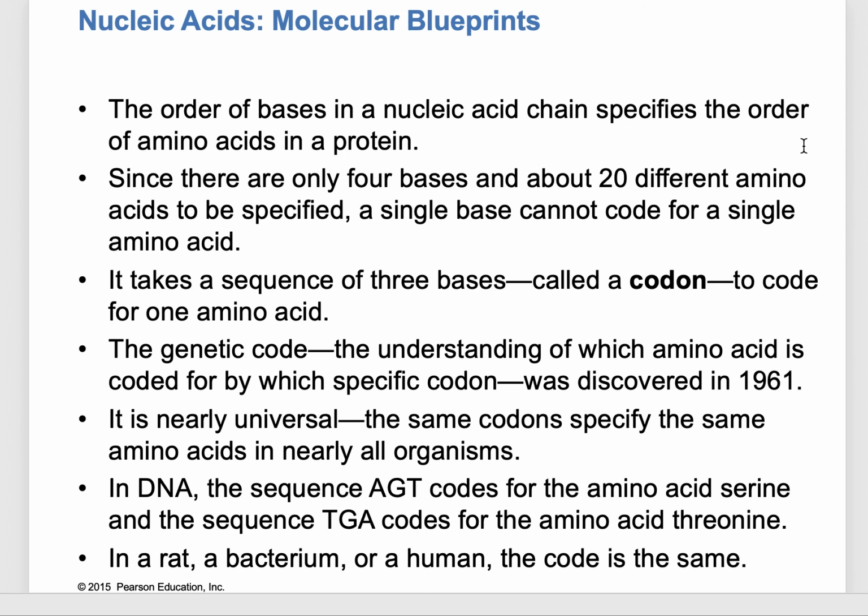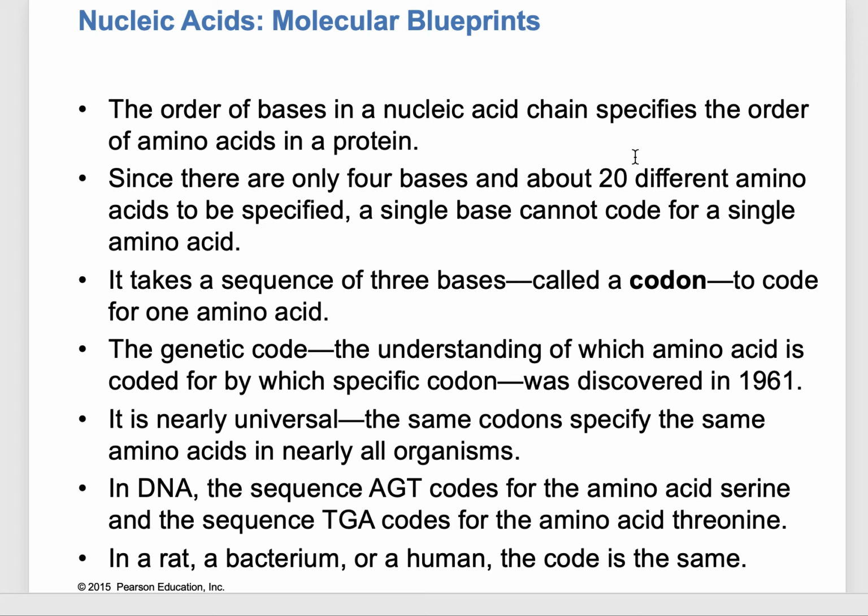Okay, now in order to get the correct sequence of amino acids in a protein, we have to have a code. We only have four bases or four different nucleotides, but we have 20 different amino acids. So one nucleotide is not going to be enough. So we need more.